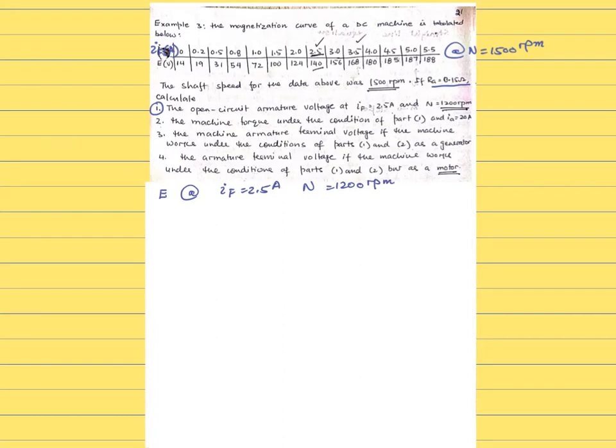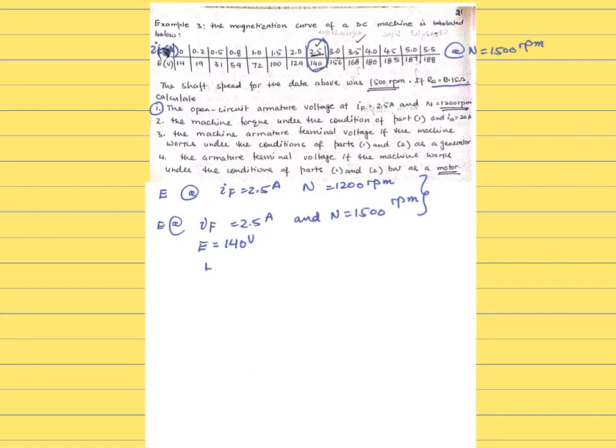So we're going to make use of the table. We can get E at IF equals 2.5 amperes from the table, but that is for a speed of 1500 RPM, not 1200 RPM. So that E is 140 volts for 1500 RPM. Since the field current remains constant between these two, we found E of 140 for a speed of 1500 RPM at 2.5 amperes. Now it's asking us to calculate E for the same current at a different speed.